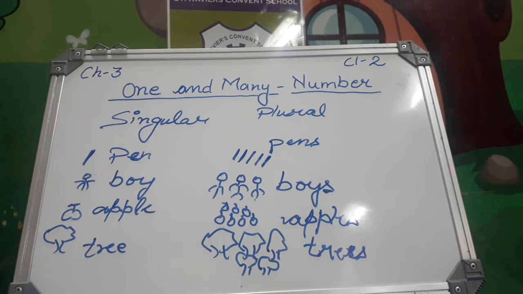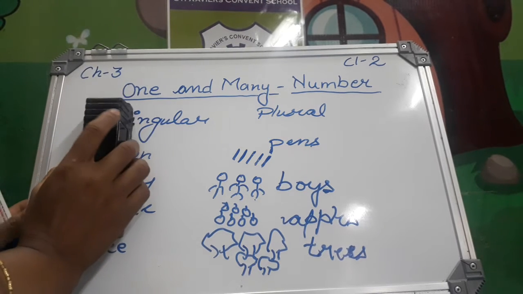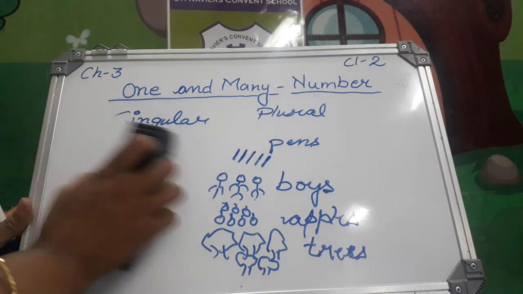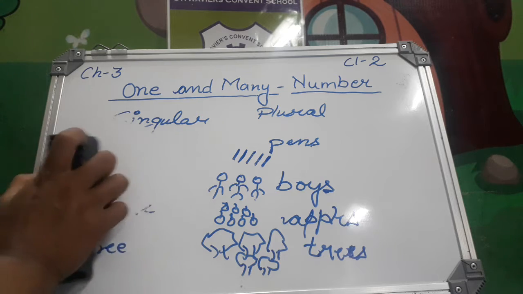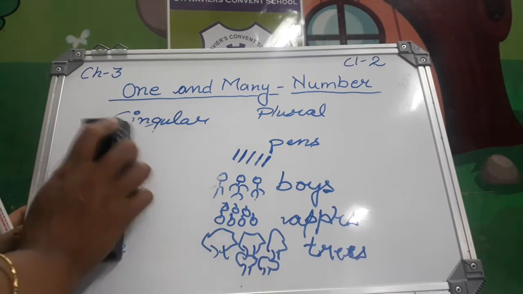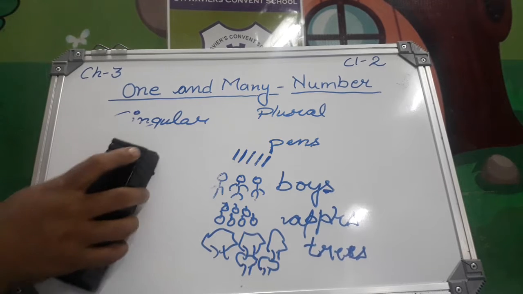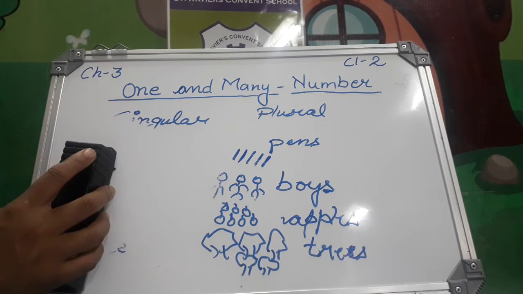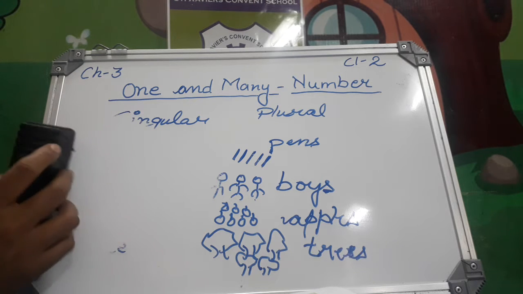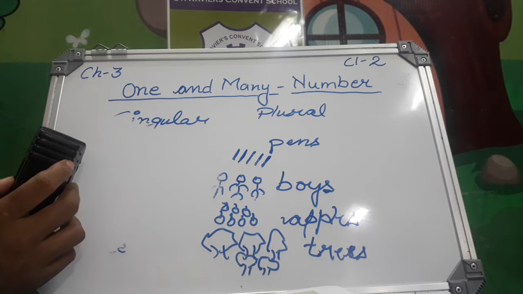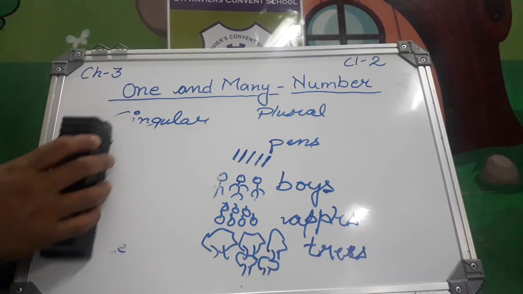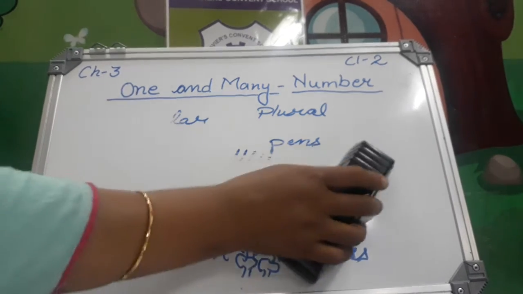The nouns which end with s, z, x, sh, double s and ch change into plural form by adding es. Now look here.